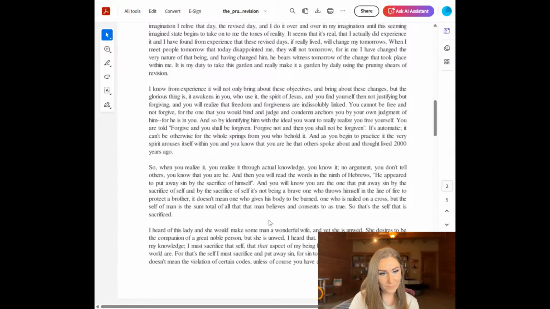All of that is what is sacrificed. So he appeared to put away sin by the sacrifice of himself. So he appeared to take aim again by sacrificing the old state of consciousness. Basically, in the 9th of Hebrews, it's translated to he appeared to change his circumstances through the change that he made in himself, through sacrificing that old self by changing the self concept.